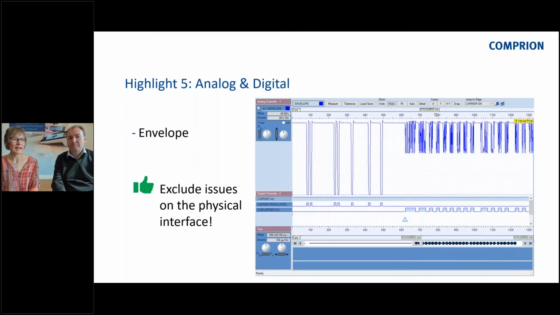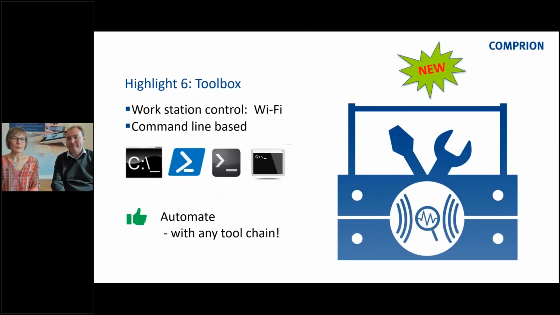Right. Okay, then the sixth highlight, the last part of the presentation, which from my side is also the most interesting and fascinating part, is about Toolbox. So we call it Toolbox. This is access to the device, to the tracer, via command line interface. This way, you can not only use this in the field, but you can reuse the tracer in your lab environment.